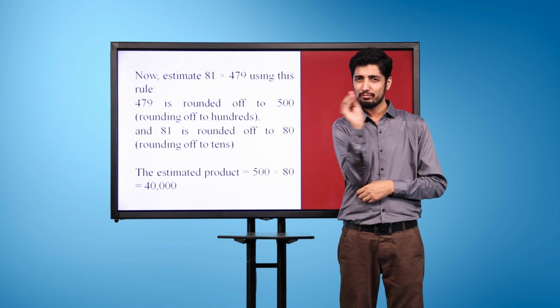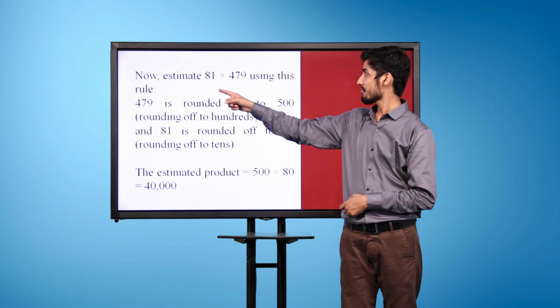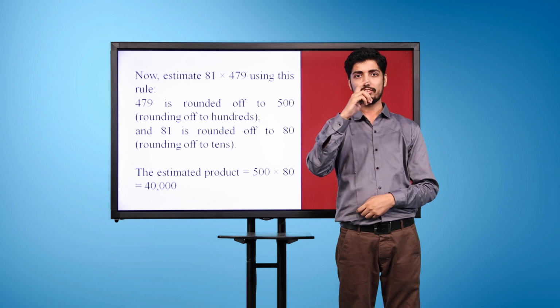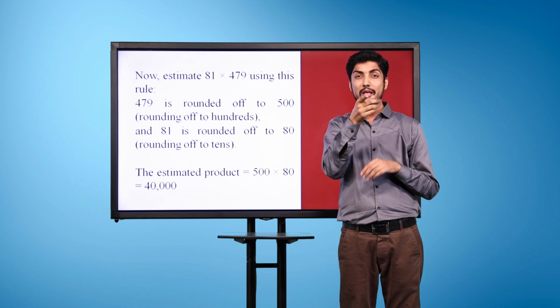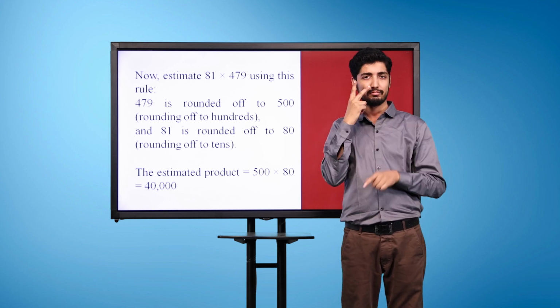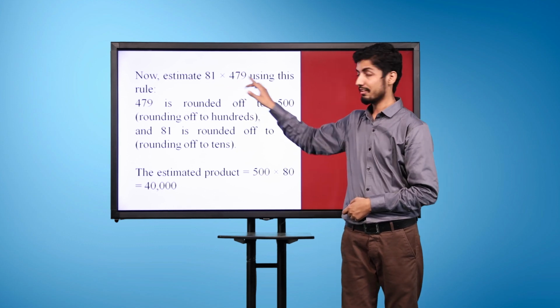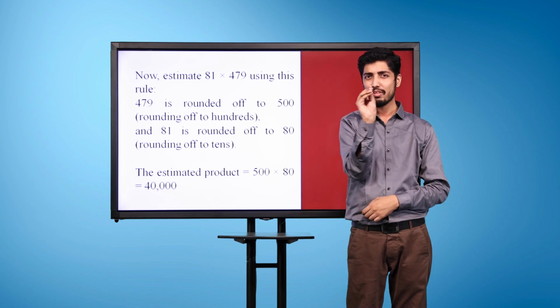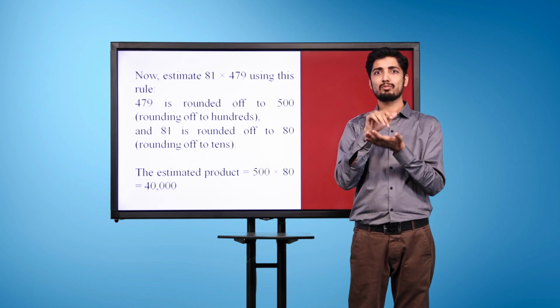Now, estimate 81 multiplied by 479 using this rule. 479 is rounded off to 500, rounding off to hundreds.